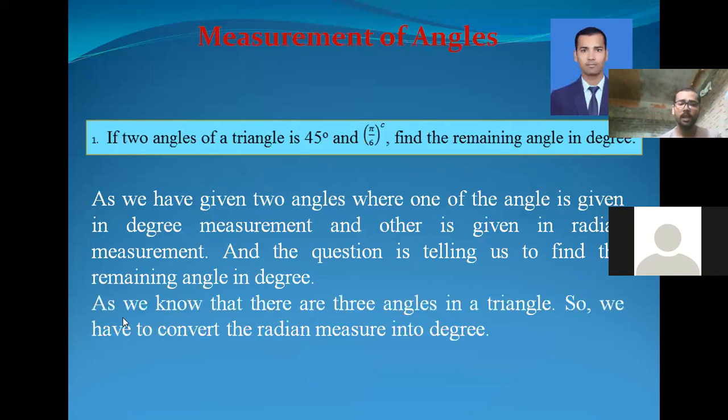As we know that there are three angles in a triangle, we have to convert the radian measure into degree first.